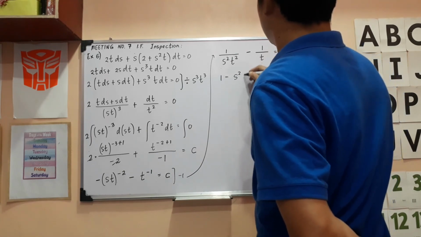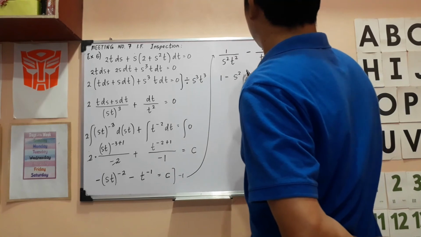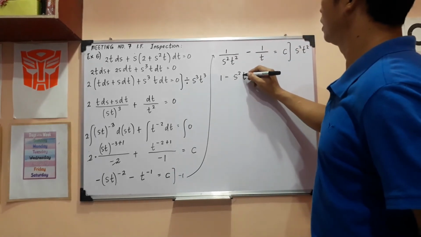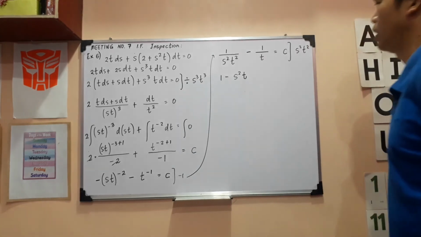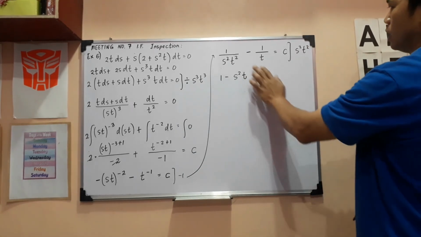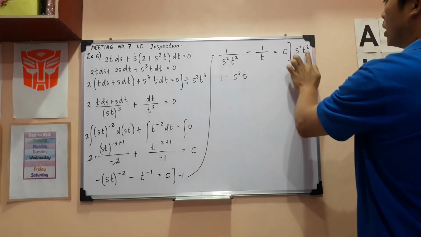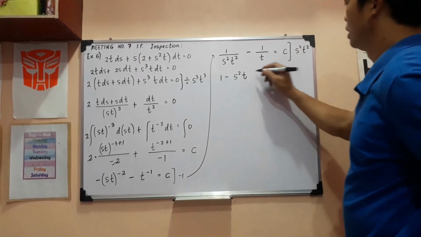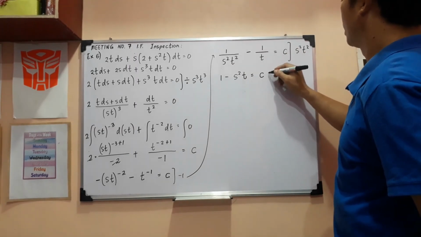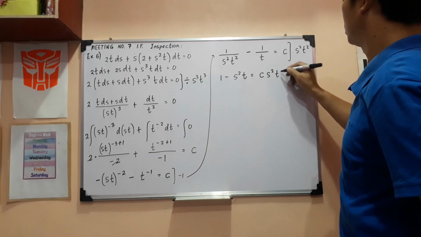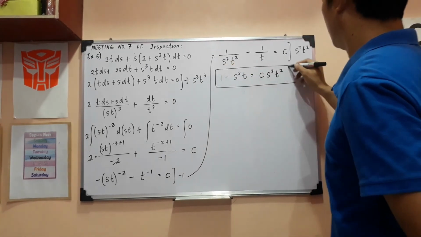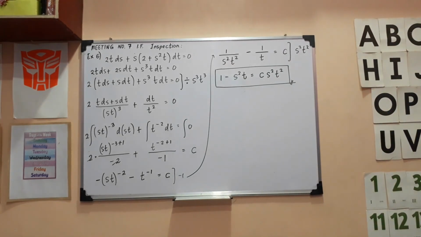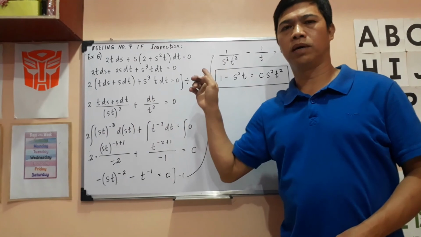Tama ba? Okay. Ito, pag multiply natin ito, ano ba yan? Hindi ko maisulat ng maganda yung t. Okay? So 1 na lang yan and then ito minus ito s square tapos t square over t ay t na lang. That is equal to c and then s square t square. So yan yung ating final answer. Okay? For number 6, that is integrating factor by inspection.